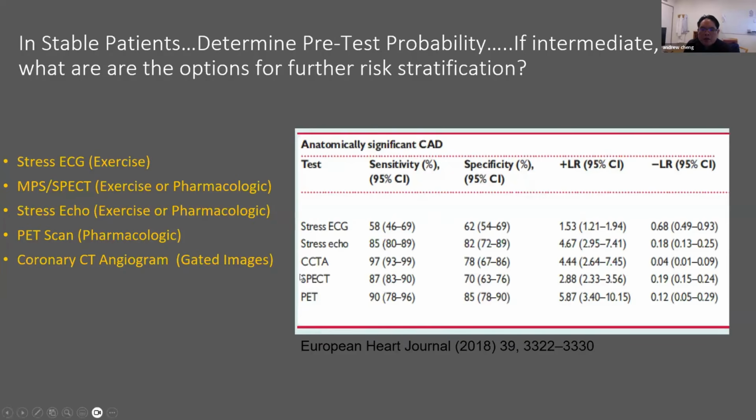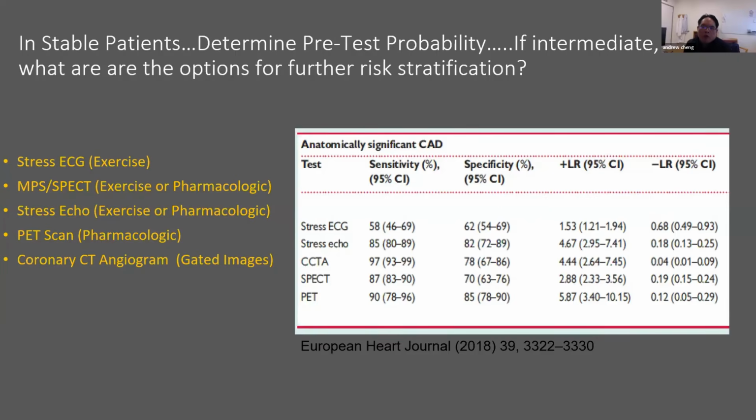The stress echo and the MPS are pretty similar in sensitivity and specificity. The coronary CTA is very sensitive and has pretty decent specificity. The CT PET is also a really good test, but it tends to be quite expensive and sometimes not covered by insurance companies.